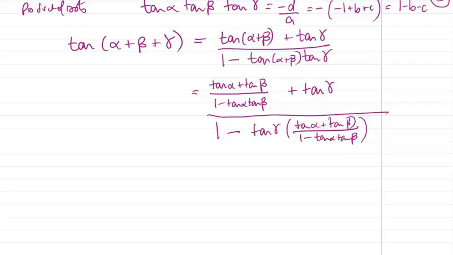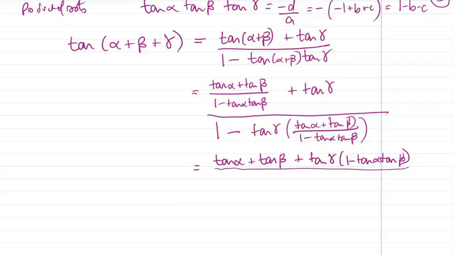All right, I'm going to make 1 minus tan alpha tan beta the common denominator. So my numerator is tan alpha plus tan beta plus tan gamma outside of 1 minus tan alpha tan beta, and all of that is sitting on 1 minus tan alpha tan beta.